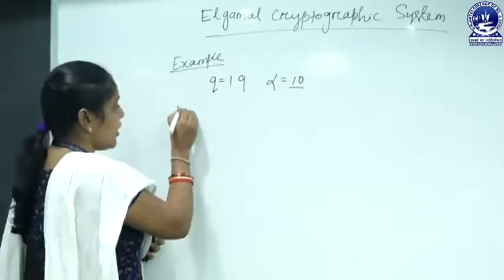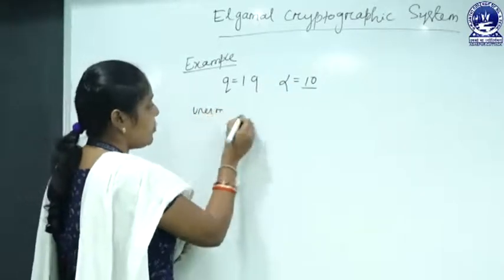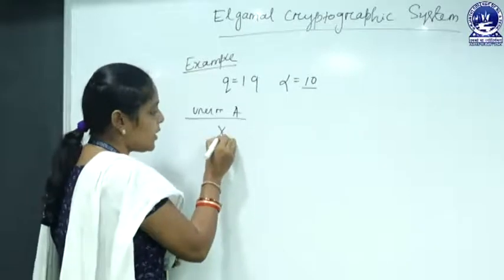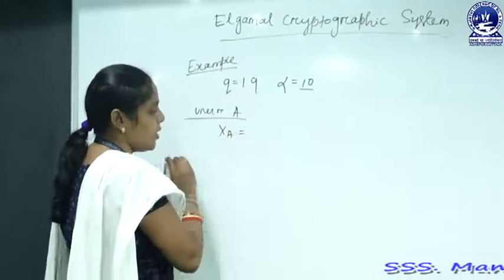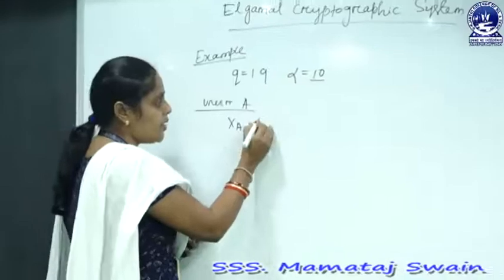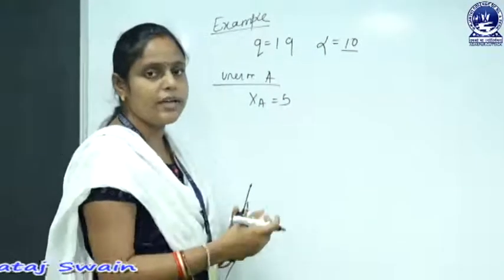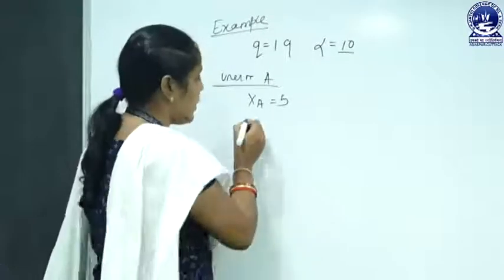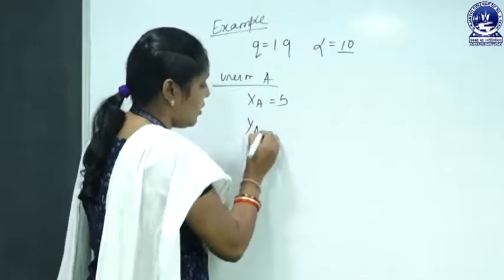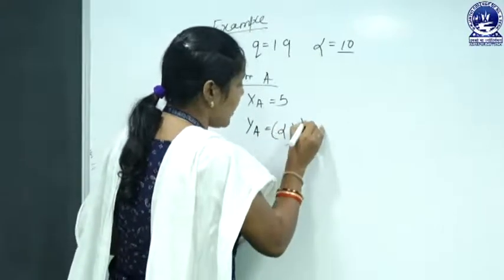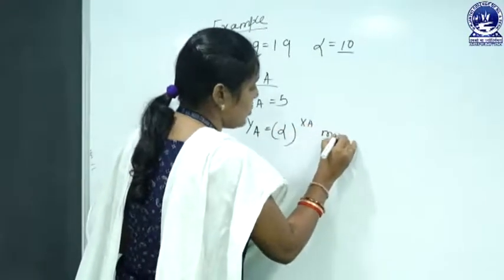Now the user A calculates the public key and private key. Here the user A selects a random integer xa. Suppose this xa value is 5. Now from this xa value it generates the public key, that is ya. Here ya is nothing but alpha to the power xa mod q.